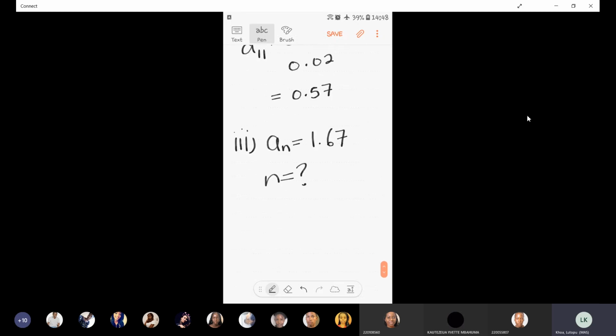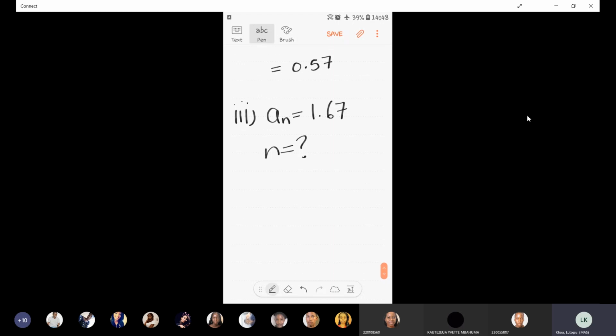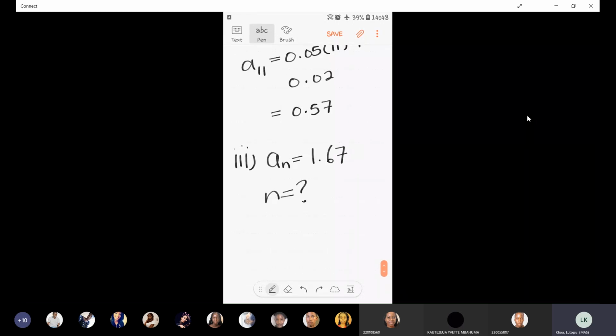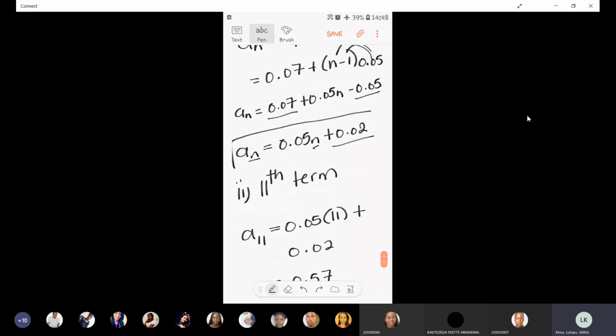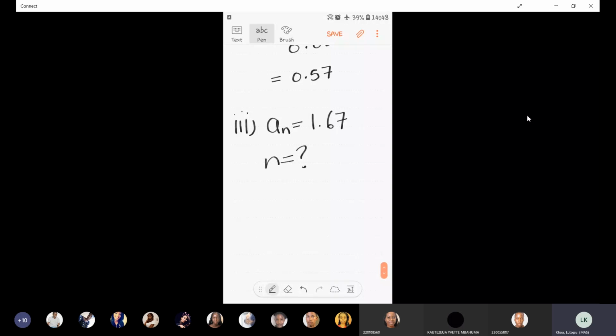So here we know the general formula for the nth term is this one that we just worked out over here, 0.05n plus 0.02. So we know that an, this is 0.05n plus 0.02. And we have our an, which is 1.67, so we will substitute that over there.